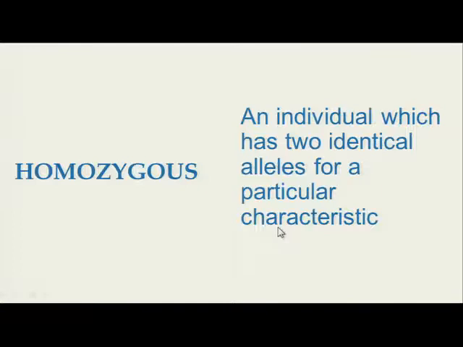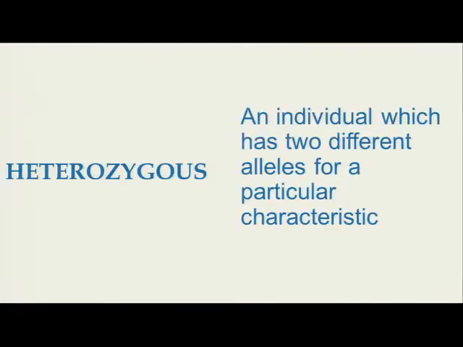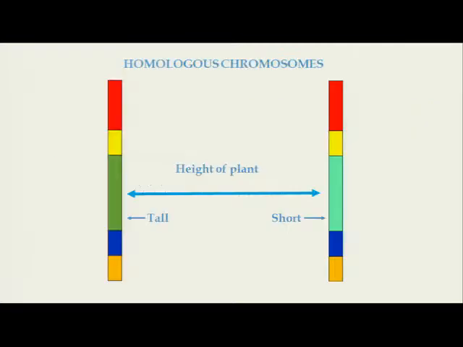So make sure that you distinguish clearly between heterozygous, two different alleles for the same characteristic, as illustrated there. The one gene determines the plant to grow tall, the other gene determines the plant to grow short or dwarfish.